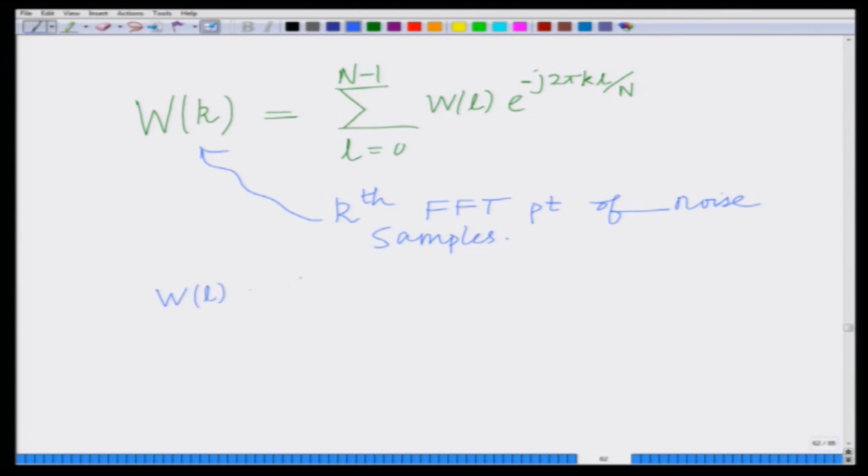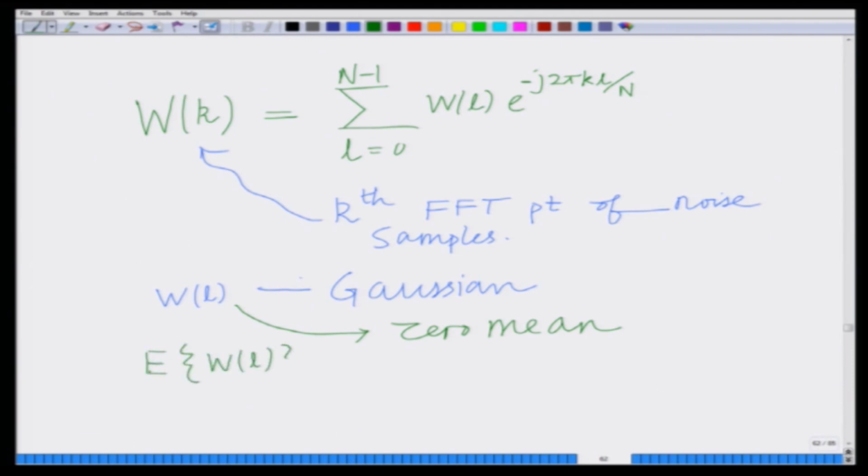So the small wLs are Gaussian, and zero mean, that is, the expected value of wL equals 0. The noise power is sigma square, which means the expected value of magnitude wL square is equal to sigma square.